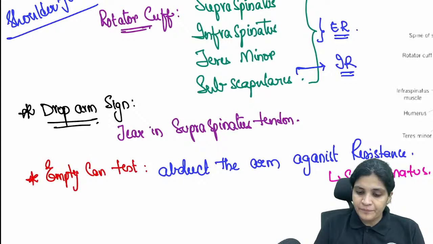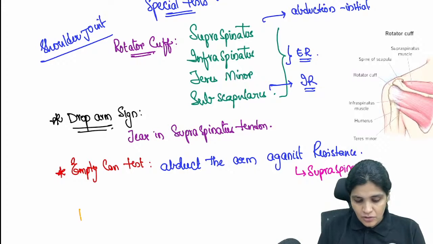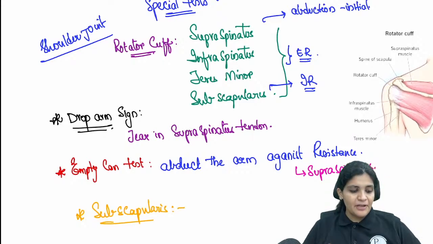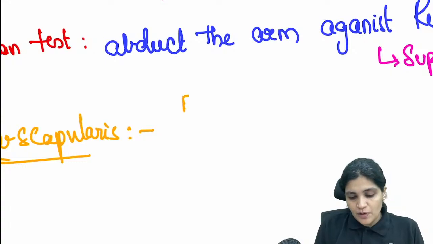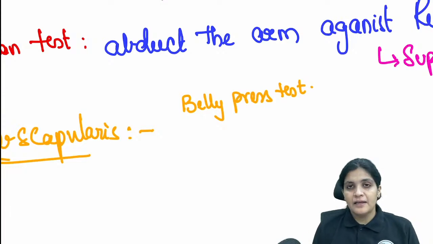Then next, very important, is the subscapularis. So what are all the tests you have for the subscapularis? I have told you it is mainly for internal rotation. The first one we have is the belly press test, right?